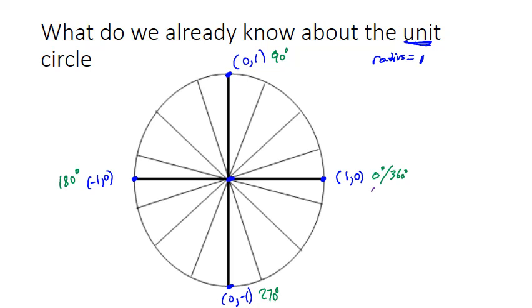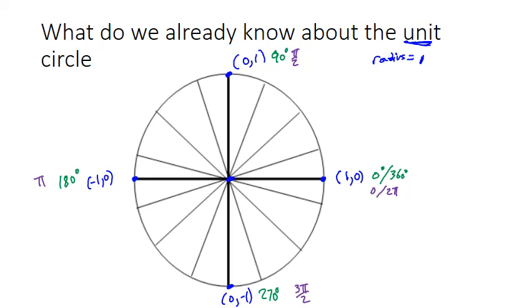So 0 degrees is 0 radians, and 360 degrees is 2 pi radians. 90 degrees is pi over 2 radians, and 180 degrees is pi radians. And since 270 is 3 times 90, then it will be 3 times pi over 2 for our 270 degree angle.